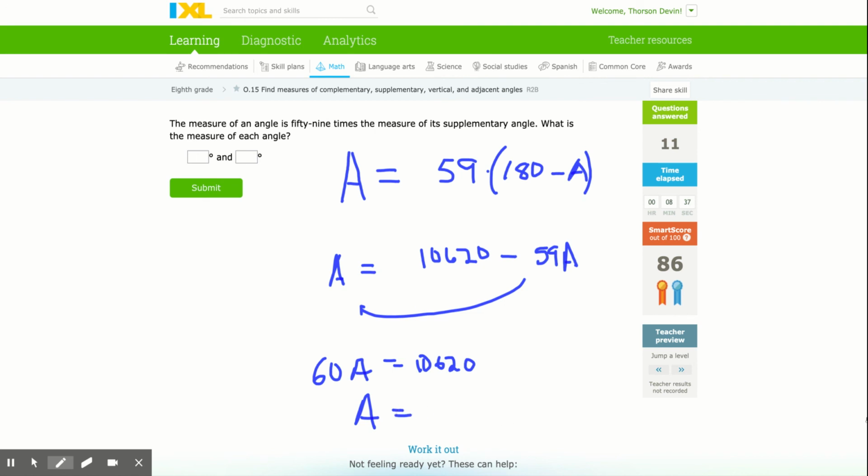And so I'm going to take that 10,620, divide by 60, and I'm going to get 177. So the one angle measure is 177, and since they're supplementary, the other angle, if it adds up to 180, must be 3. And 3 times 59 is 177, so it works.